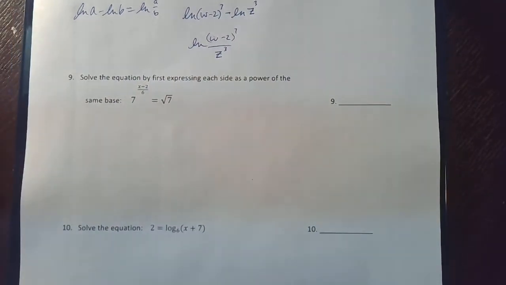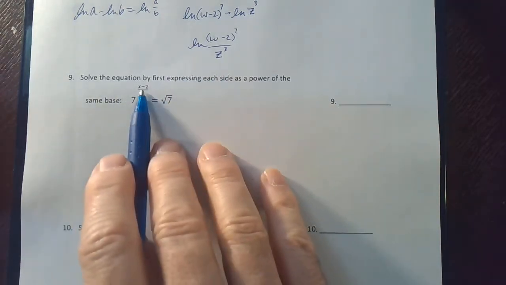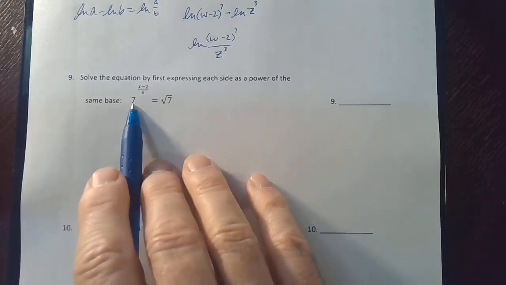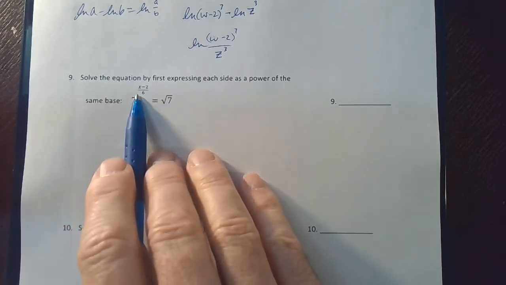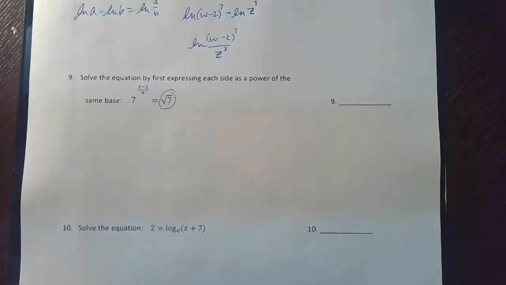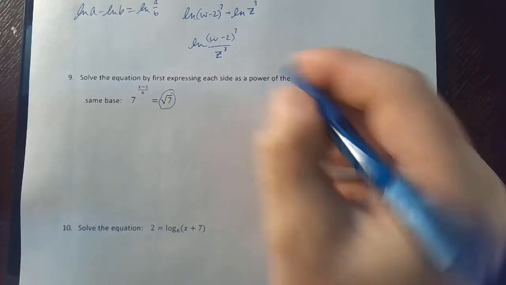All right, now let's take a look at number 9. Number 9 says we need to solve this equation. So you need to tell me what x is equal to. Now what we want here is to have an exponential equal to an exponential. So we need to rewrite this. Well, radical 7 is 7 to the 1/2.